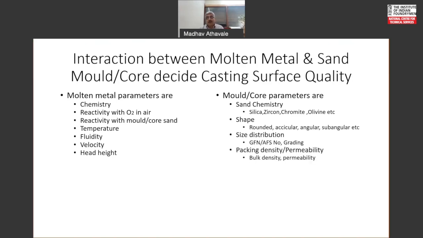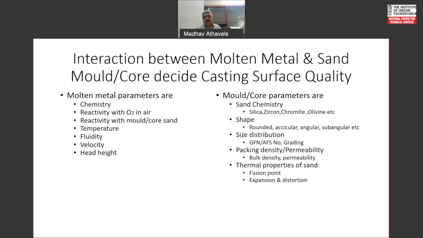Then what is the packing density as well as the permeability? Permeability is the outcome of two things. One is the packing density, which in turn is impacted by the shape and size distribution.